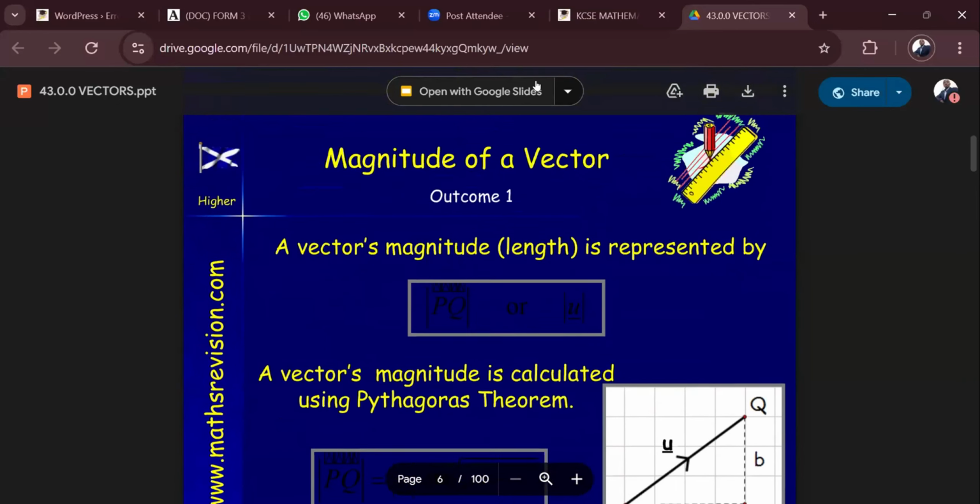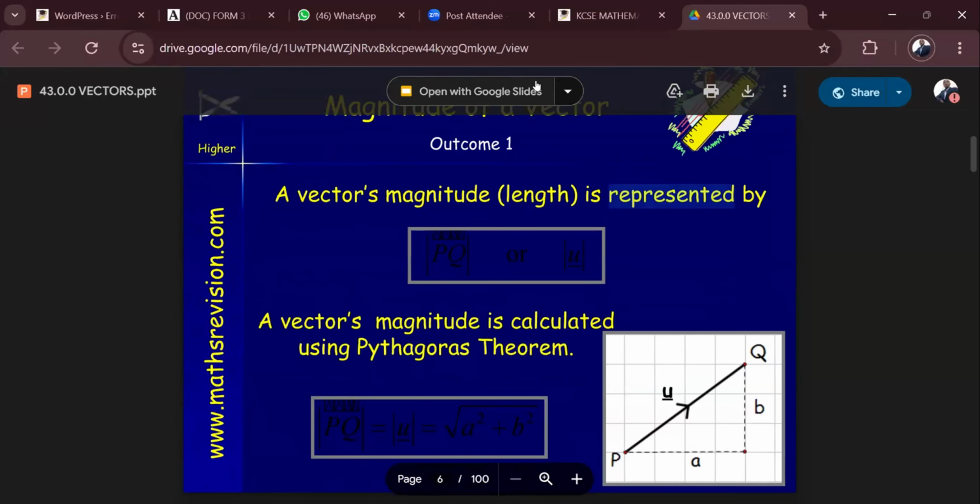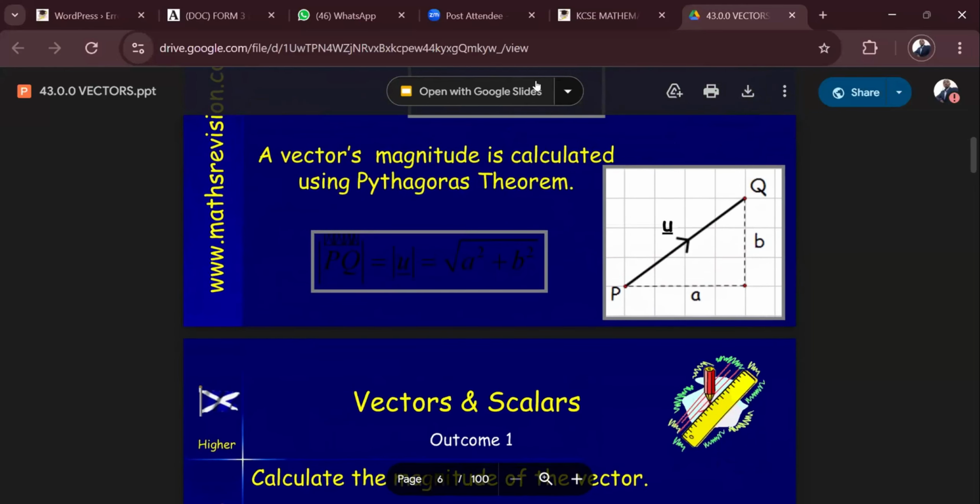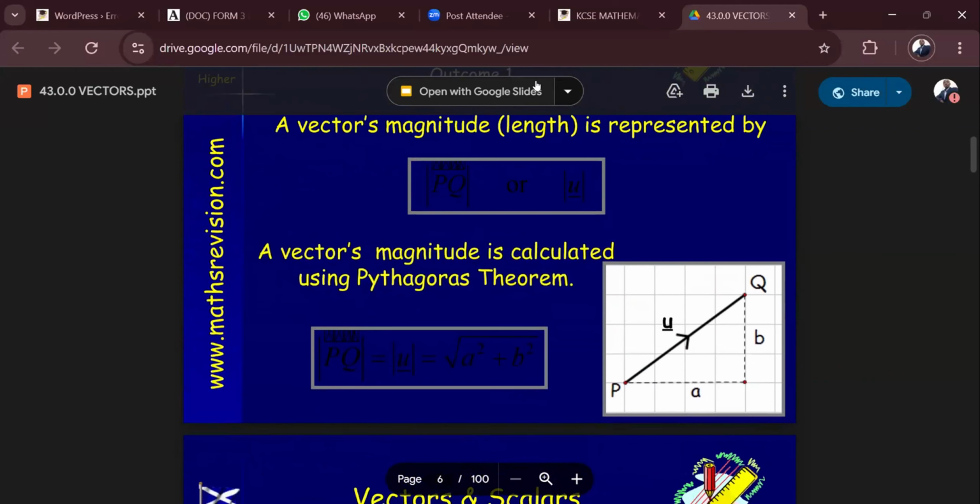How do we get the magnitude of a vector? Like, of course, when I represent a vector in form of coordinates x, y, x takes the first value, and y takes the second value.